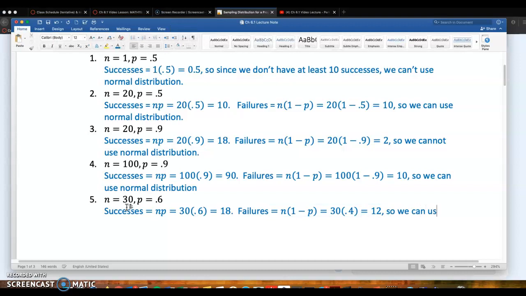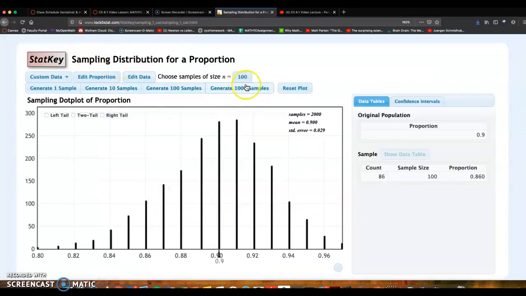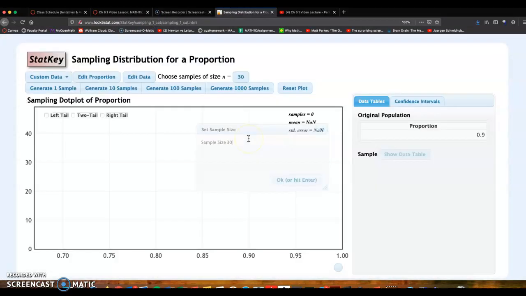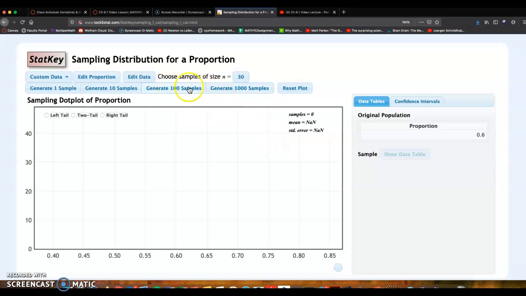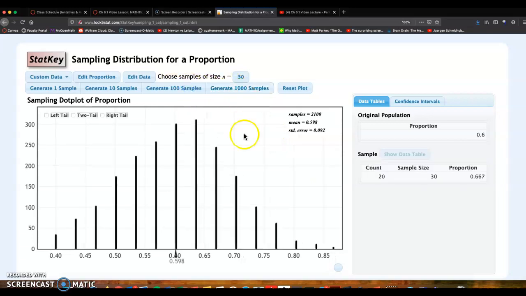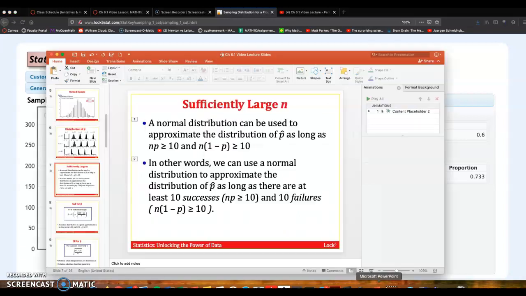So again, we can use the normal distribution, as long as I have 10 successes and 10 failures. To visualize that, in StatKey let's make the sample size 30 and edit the proportion to 0.6. If we generate a whole bunch of samples, notice we get not a perfect normal distribution, but we're going to use a normal curve to approximate this.